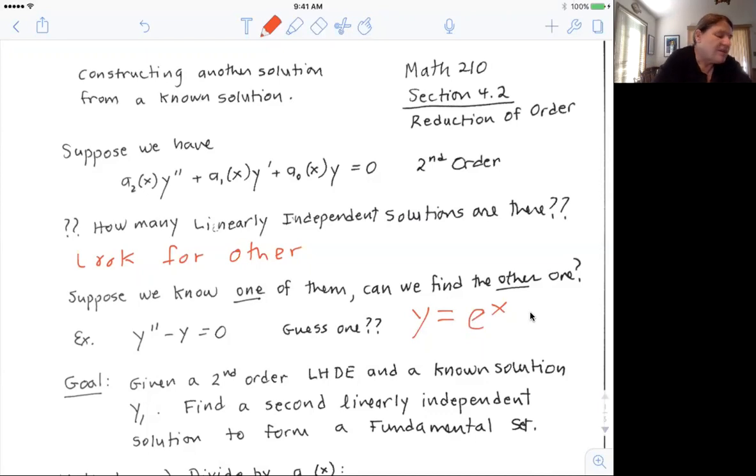Now I want to go back and do this problem specifically. I'm going to go away from my general notes, but my goal is that, given a second order linear homogeneous DE, we're working with homogeneous now, not non-homogeneous, and a known solution, in this case e to the x, find a second linearly independent solution to form a fundamental set.